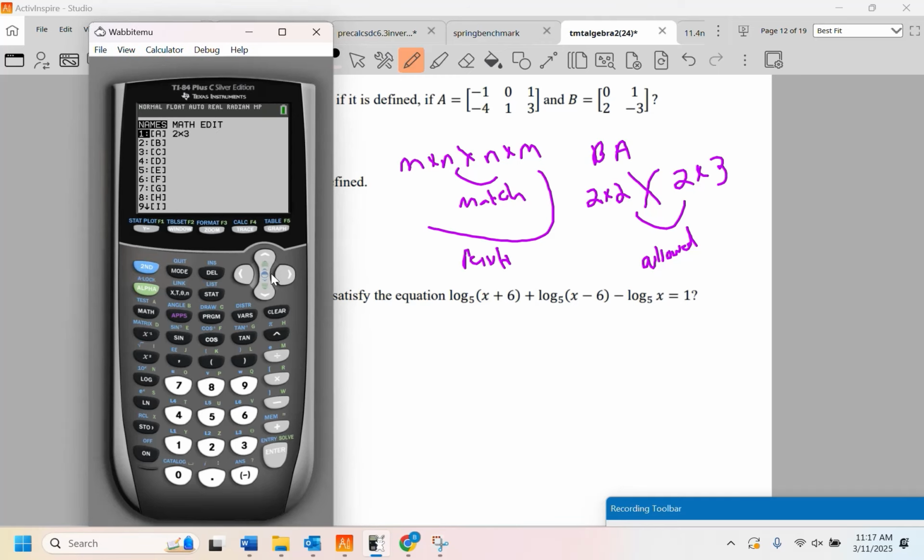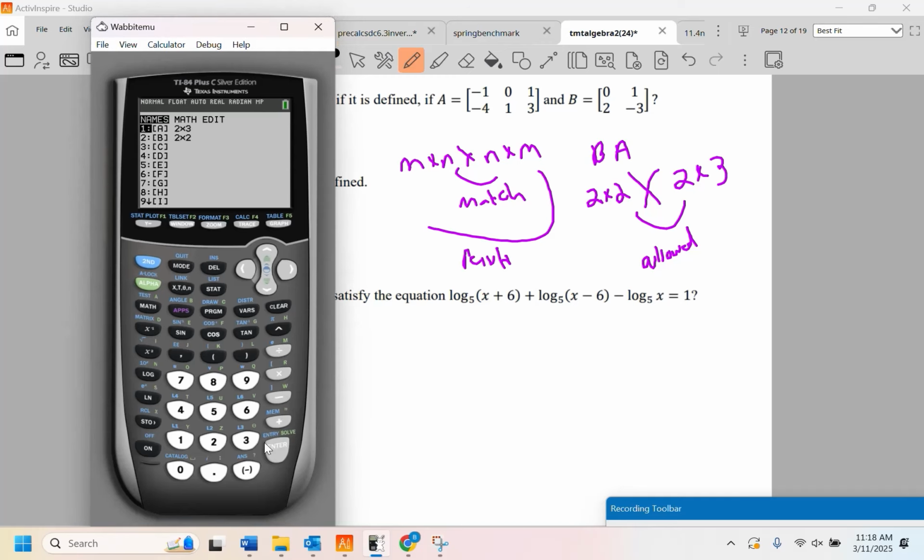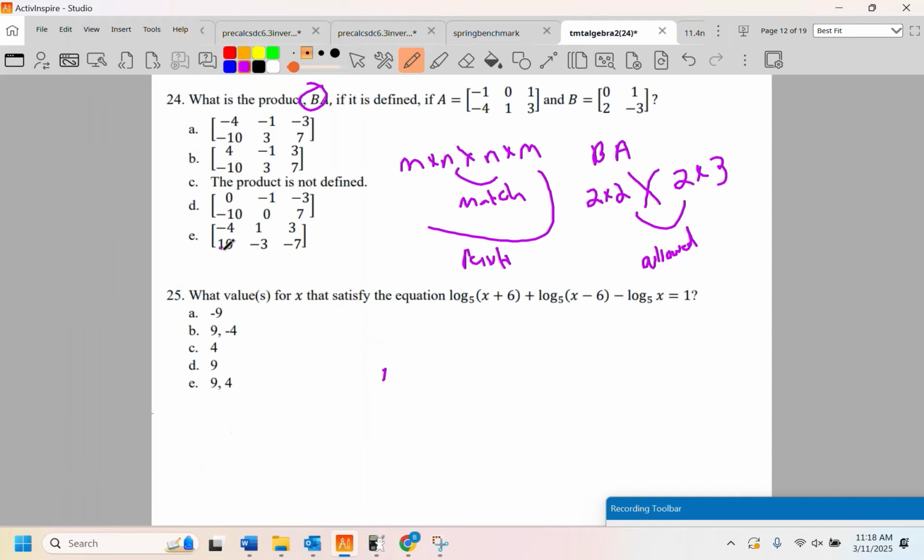Second matrix, math, edit B. B is a 2 by 2. You know, there's going to be a lot of kids who miss this question because they don't pay attention to detail. All right, we quit out. Second matrix, math, B. Second matrix, A. Order matters. So I'm looking for a row of negative 4, 1, 3.